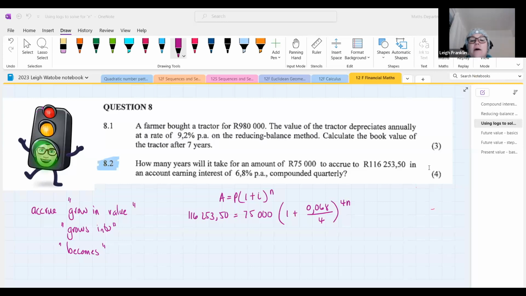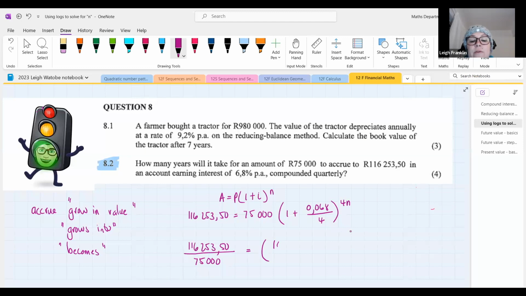Okay, so we're going to divide both sides by 75,000. I just want to do this very quickly with you guys, and then we can say goodbye. 116,253.50 would have to be divided by 75,000. And over here we'd have 1 plus 0.068 over 4, which is what I was talking about.